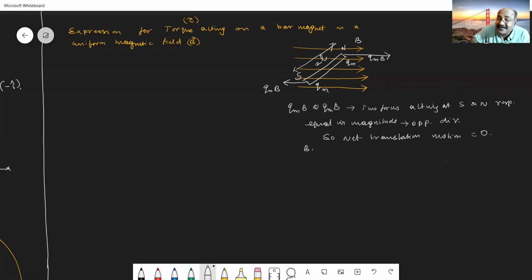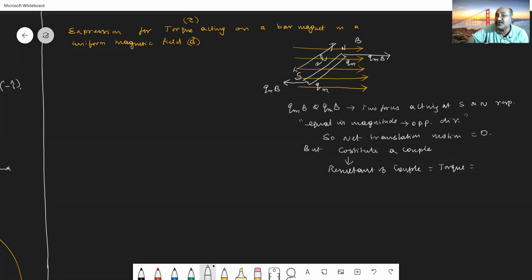But these two forces, which are equal in magnitude and opposite in direction, not acting at a point, constitute a couple. The resultant of the couple is rotation, or it produces a torque.